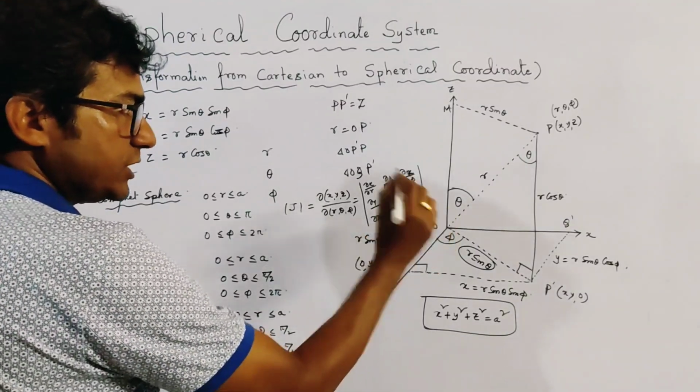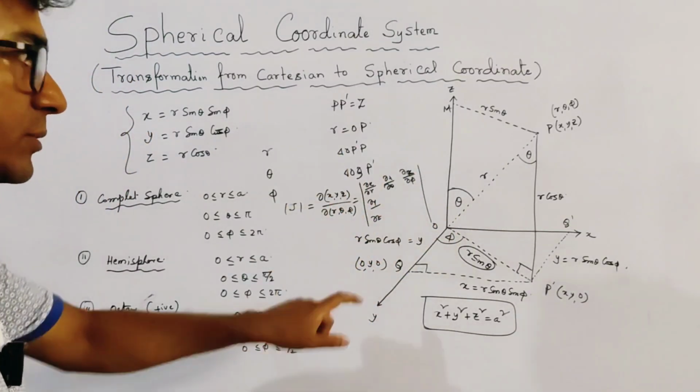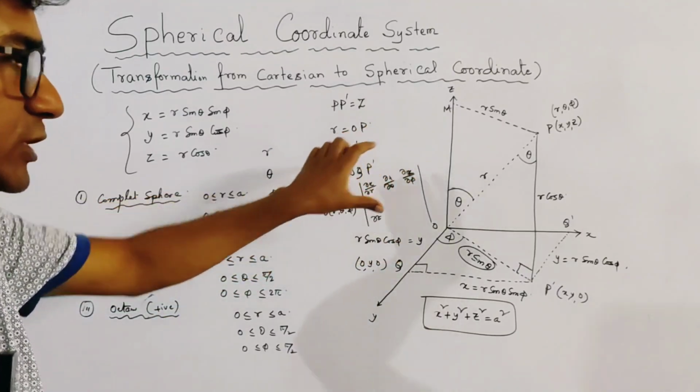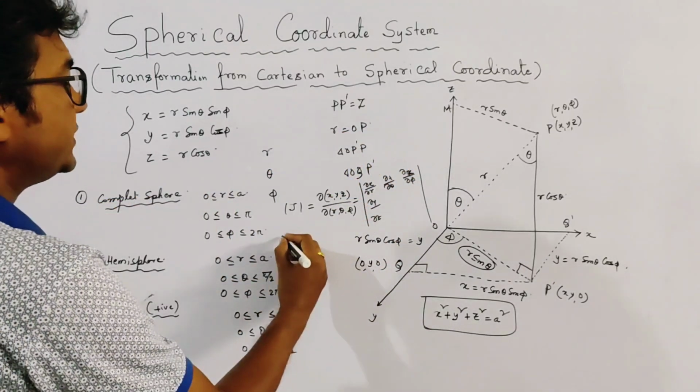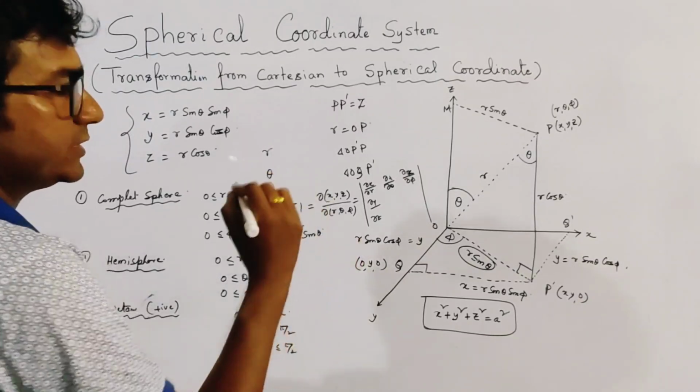This is a 3 cross 3 determinant, and if we put in all the values of the partial derivatives and expand this determinant, we get the Jacobian as r square sin theta.